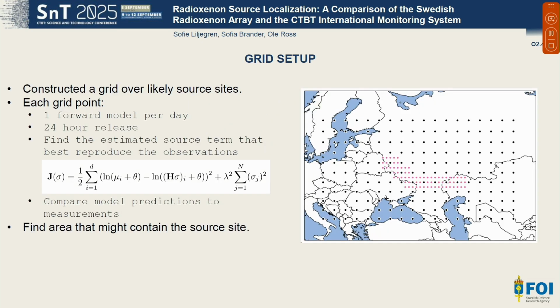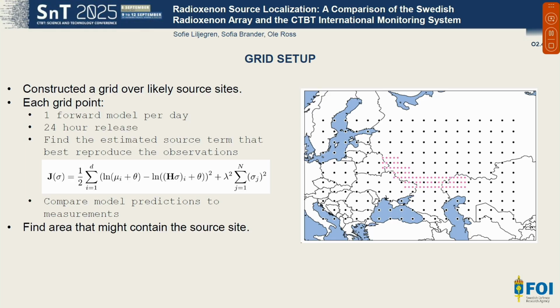To further investigate this, we then did a forward ATM investigation where we constructed a grid setup with several grid points spread over Middle and Eastern Europe where we suspected the source was from.